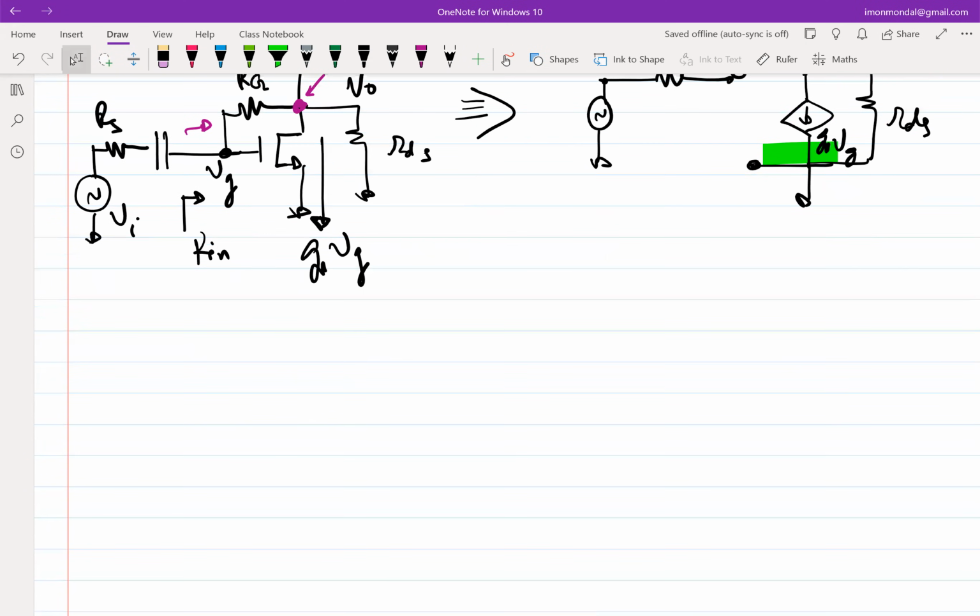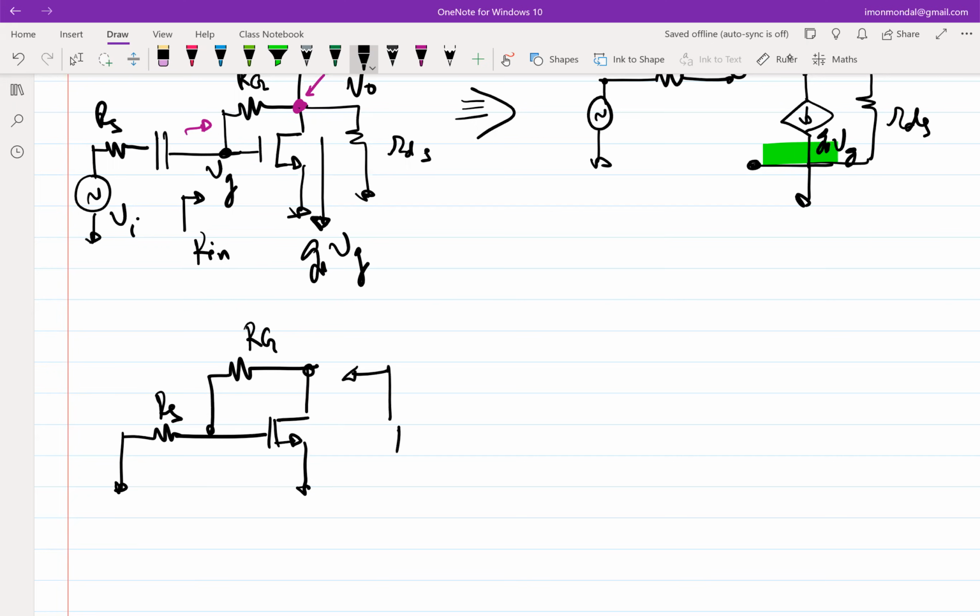So incrementally, if I sketch this and try to figure out the impedance, looking to the left is equivalent to saying that I am looking here and finding out Rout.